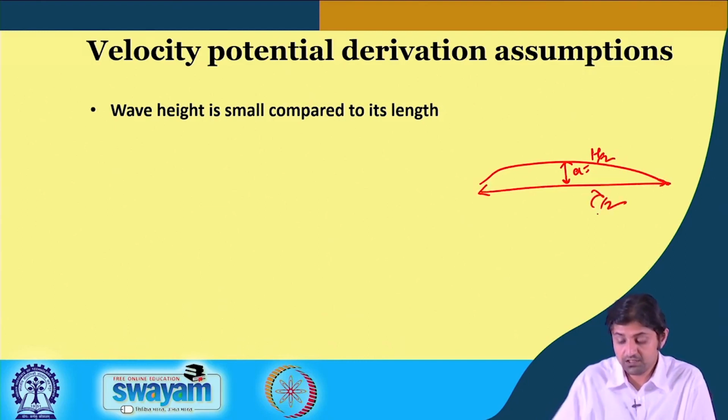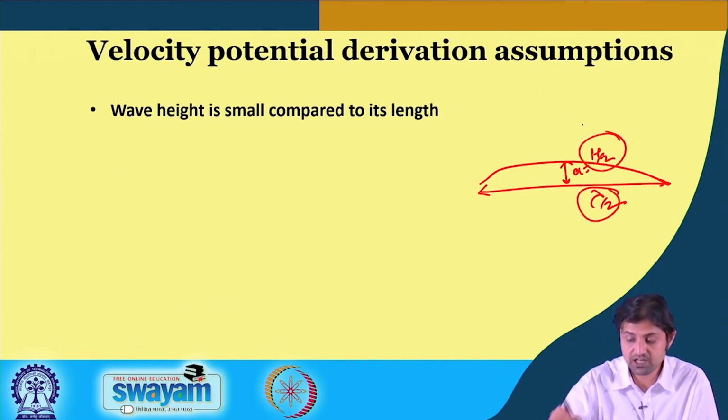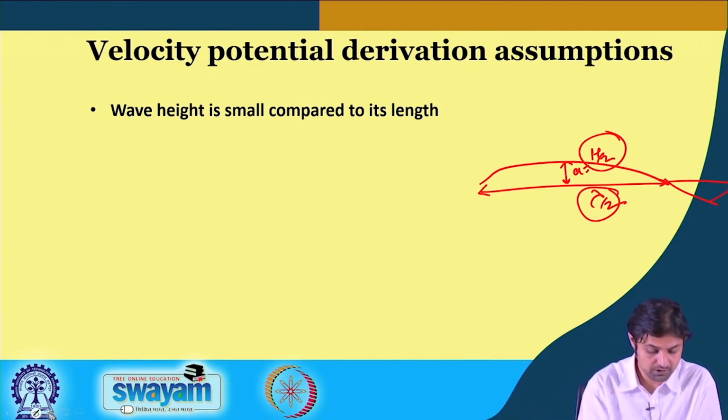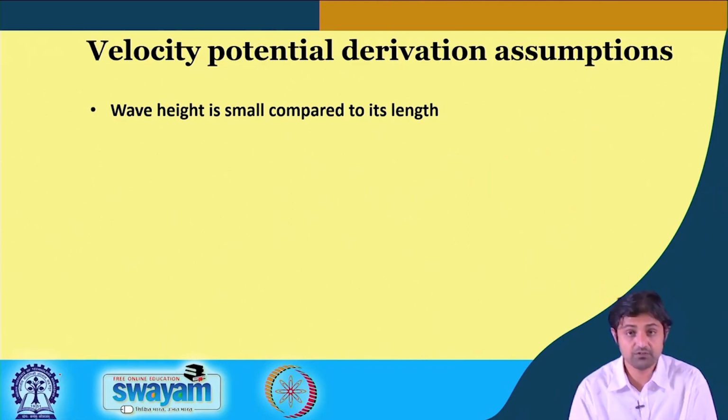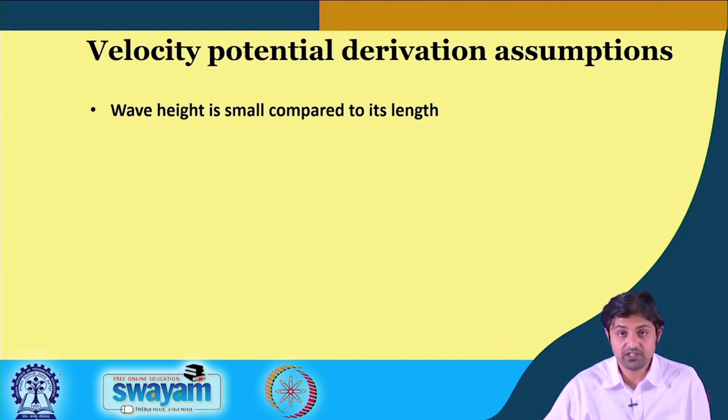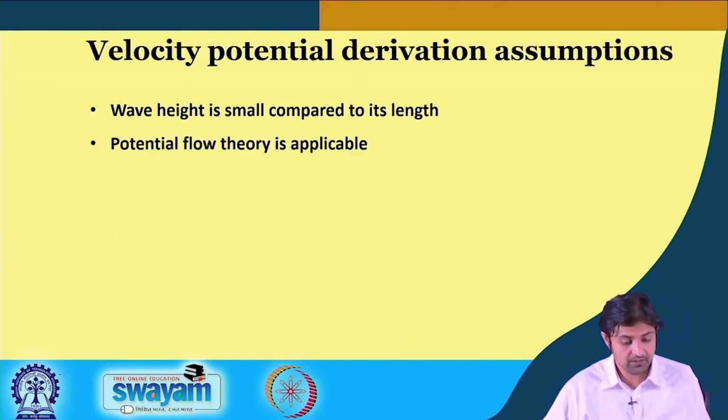So, we say this lambda by 2 is much larger than H by 2. Okay, this is not a very good representation, but just to let you know that for this derivation we have assumed wave height is small compared to its length. We will come to why. The potential flow theory is applicable because we have assumed the ideal fluid.